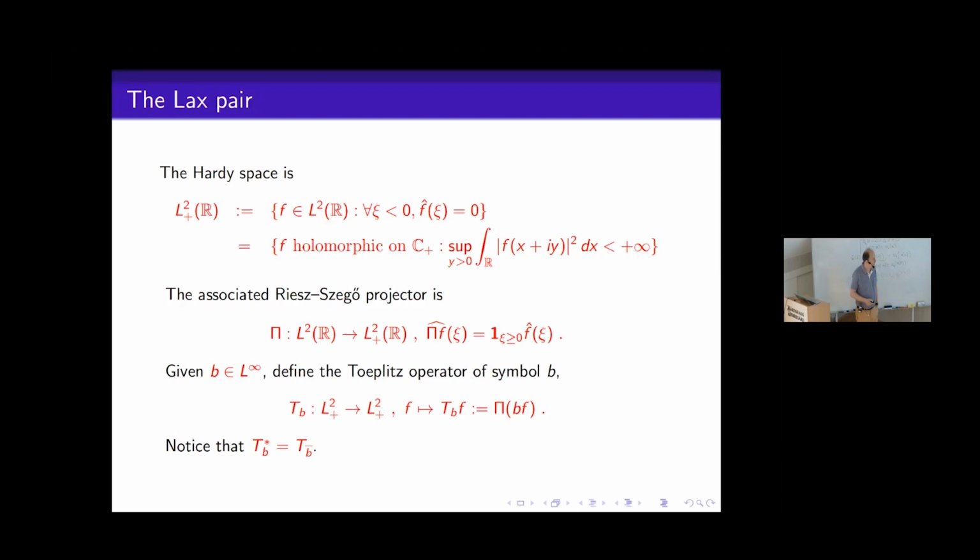Just take the product of B and F, and since BF is not in L2 plus, you project it onto L2 plus. In the Fourier transform representation, this is just a convolution with B hat, knowing that the Fourier transform of F is supported on the half-line. And of course, it's easy to see that the adjoint of this bounded operator is just the Toeplitz operator associated to the conjugate. So this is my basic toolbox, TB.